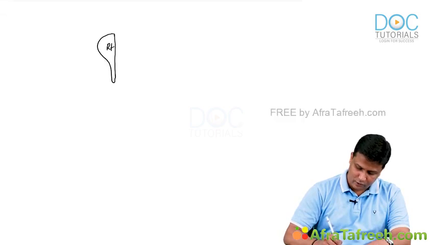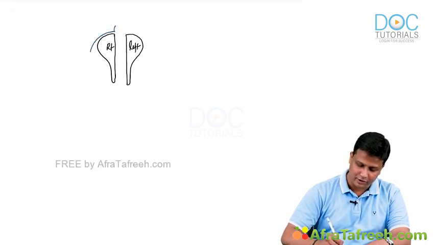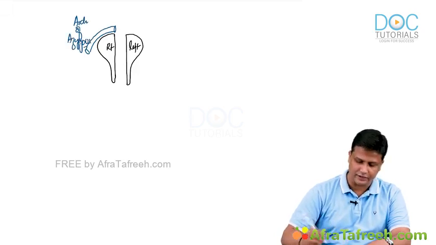So let us make a note of even that one also in a separate diagram, guys. I don't want to clutter the diagram. So imagine this is the root of the right lung over here, and this one here will be the root of the left lung, and above the root of the right lung there will be the arch of azygos.